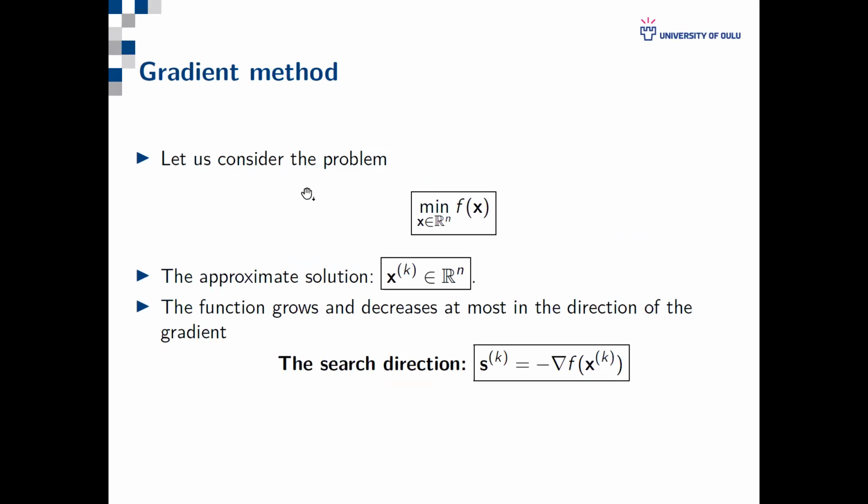Once again, the gradient method starts with minimizing f(x). F is now the cost function in R^n, a real valued, smooth function. We have found at some point the approximate solution xk. The search direction is the minus of the gradient.